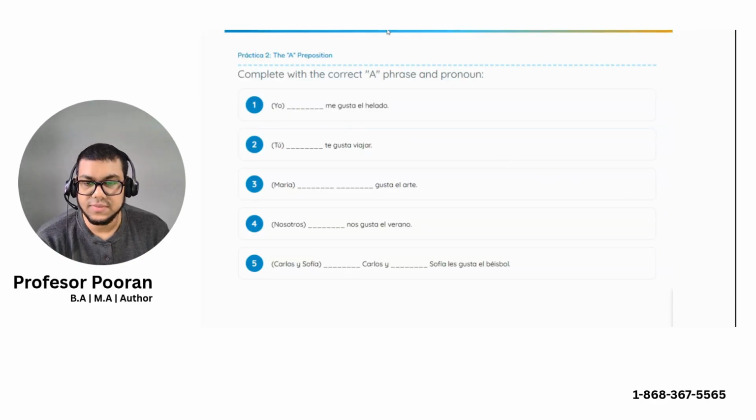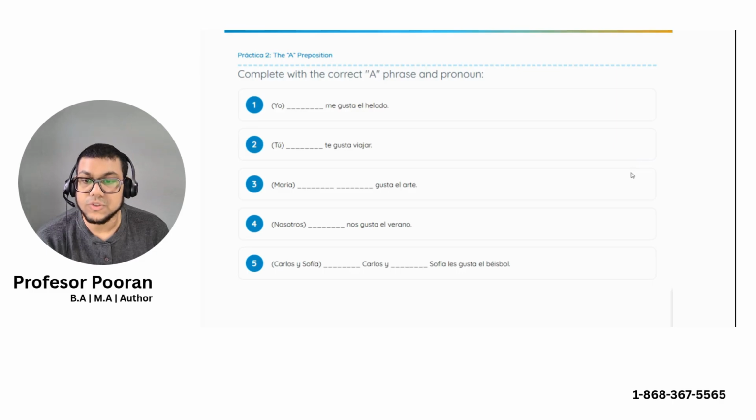So let's look at this activity. Again, you can pause and complete this activity, then we will do the correction. Right. So the first one is a mí me gusta el helado. Number two, a ti te gusta viajar. Number three, a María le gusta el arte.